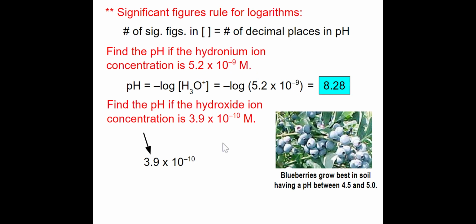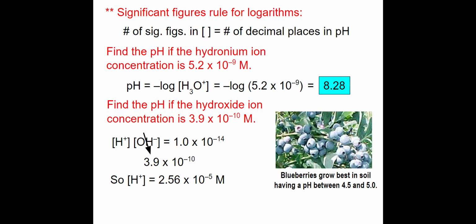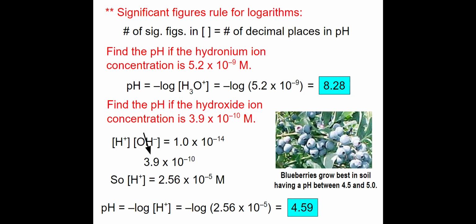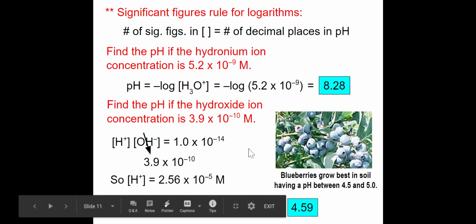If I want to find the pH when the hydroxide ion concentration is 3.9 to the negative 10th, remember, that is the hydroxide concentration. So I'm going to plug in, solve for the H concentration, and then I can find the pH by negative logging that. I'm going to have 2 decimals because I have 2 sig figs in my original problem.